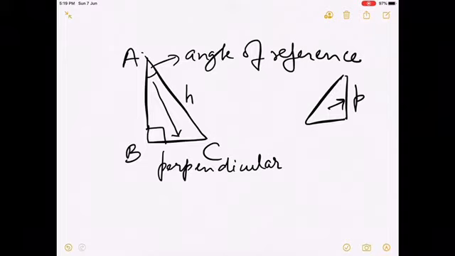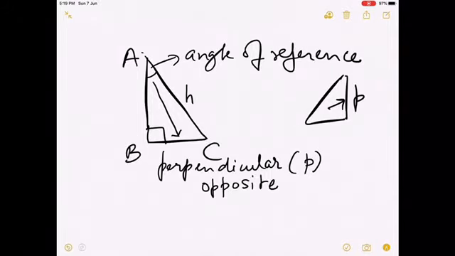In trigonometry, any side which is opposite to the angle of reference will be known as perpendicular. In short, we will write that as P, and in some other textbooks you may also get this side written as the opposite. In short, it will be written as O. So we can call this side perpendicular or the opposite.